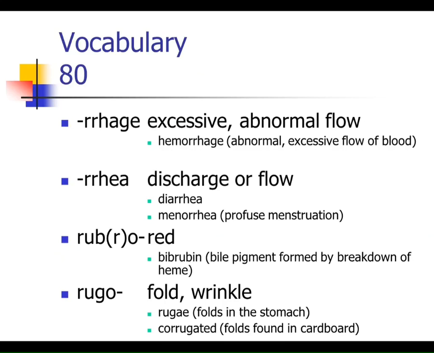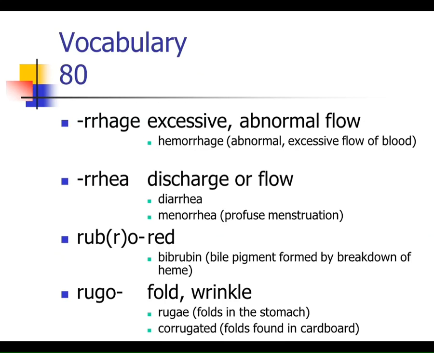Flow, dia, through, right? Way too fast, right? Things are flowing through too fast. So diarrhea, flow through, or across the digestive system. Menorrhea would be what? Menstruation flow, right? Menstrual flow.